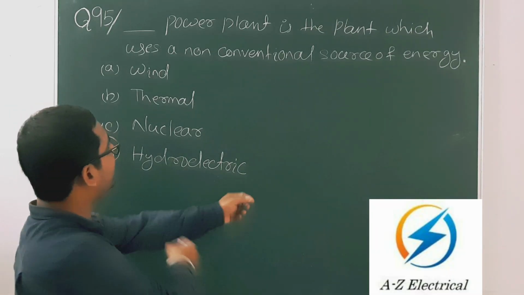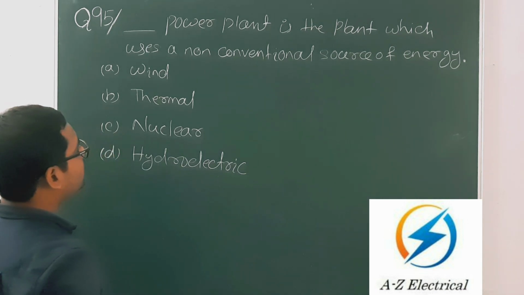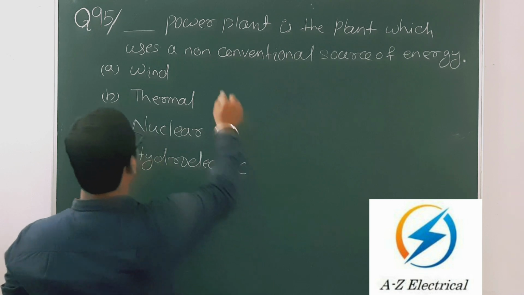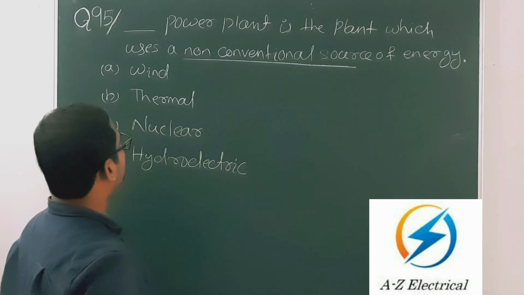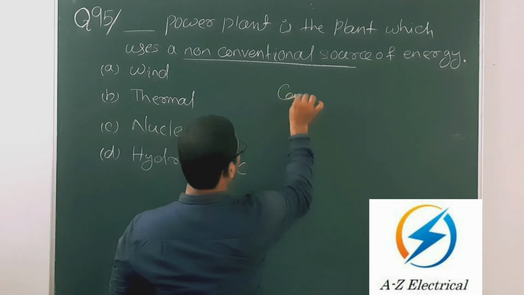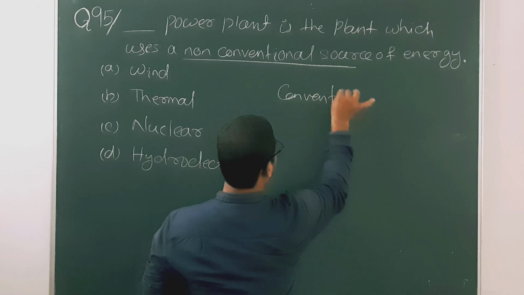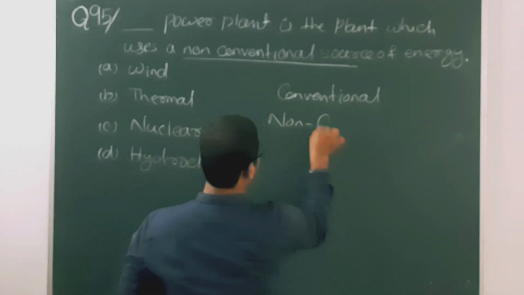The question is: dash power plant is the plant which uses a non-conventional source of energy. Okay. So non-conventional source. We have two sources: conventional and non-conventional.